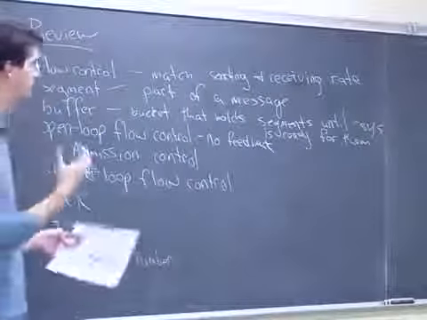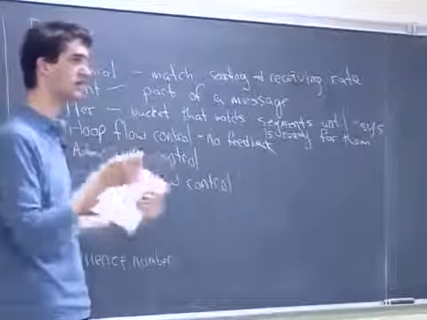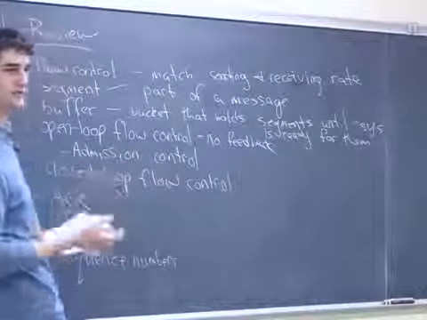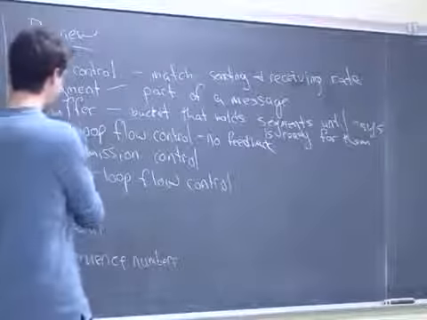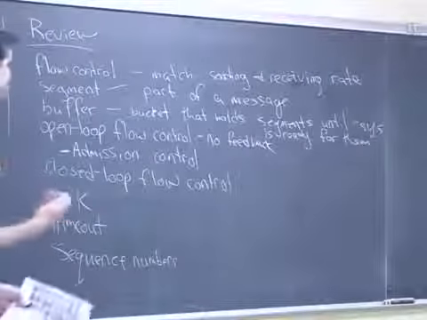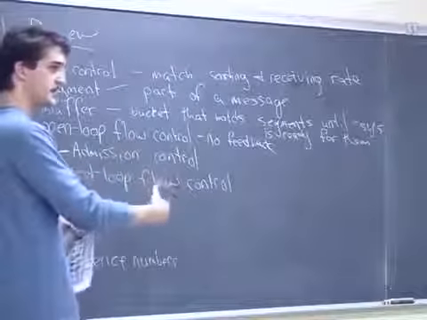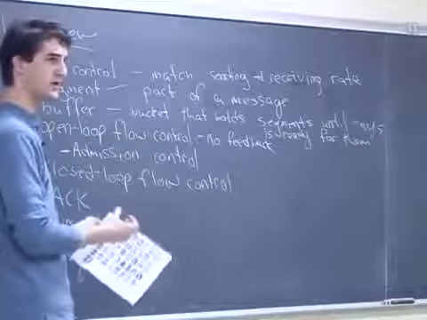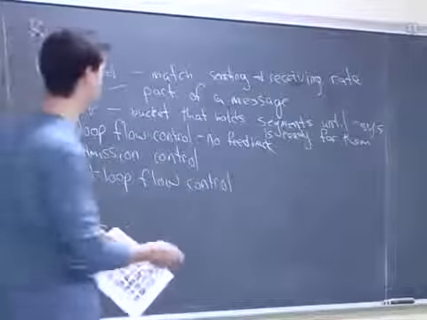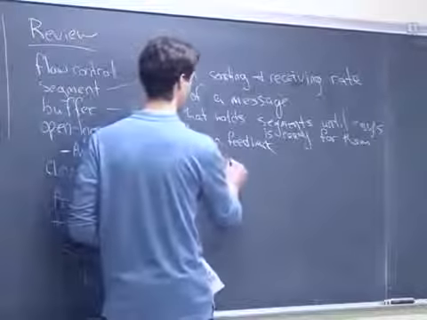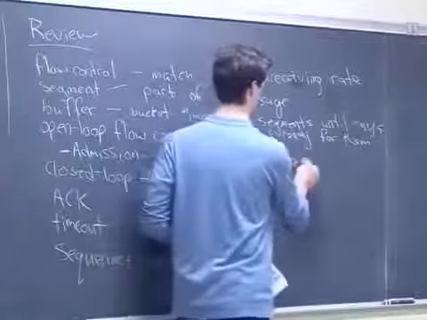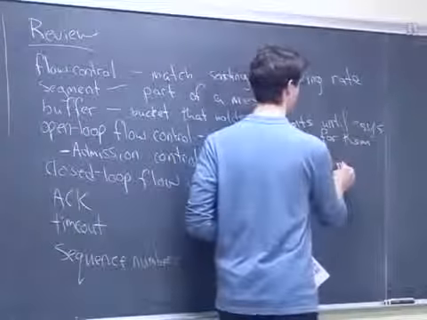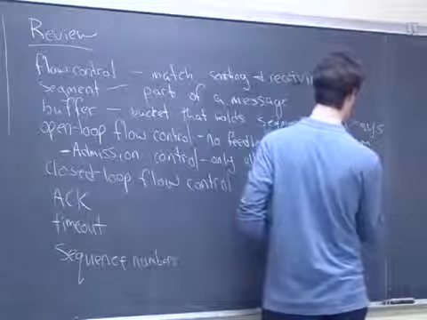Because there's no feedback while we're actually transmitting data, we have to negotiate the details of the connection ahead of time, and that's what admission control does. Admission control only lets in the connections that you know you have enough resources to support. So we only allow access from these connections we know we can support.